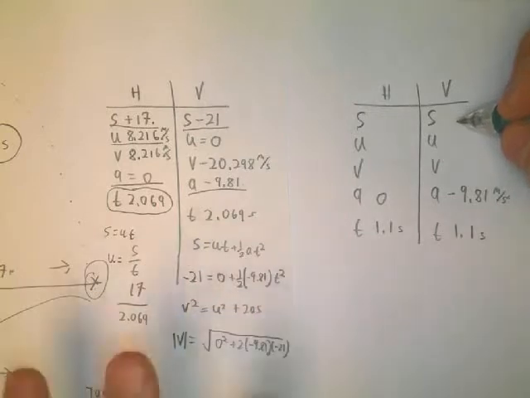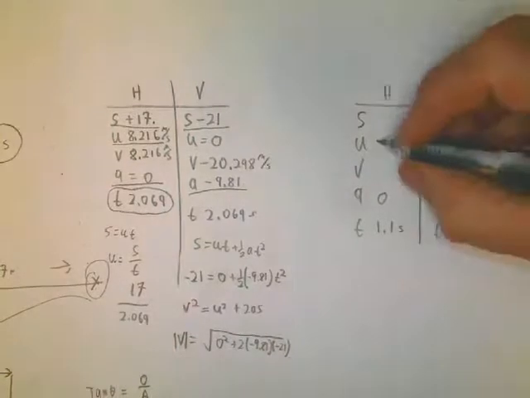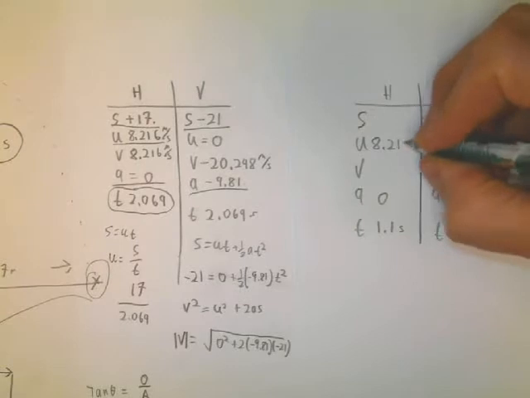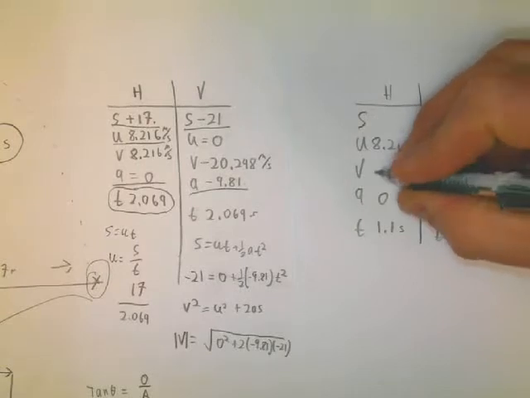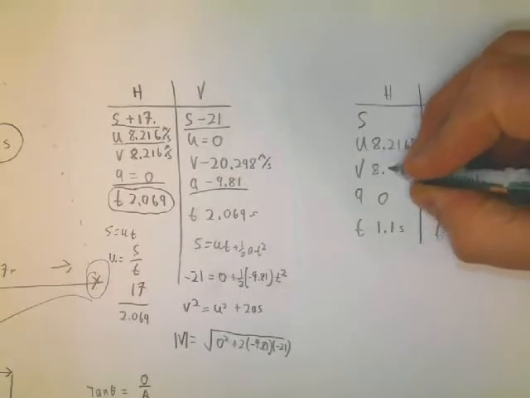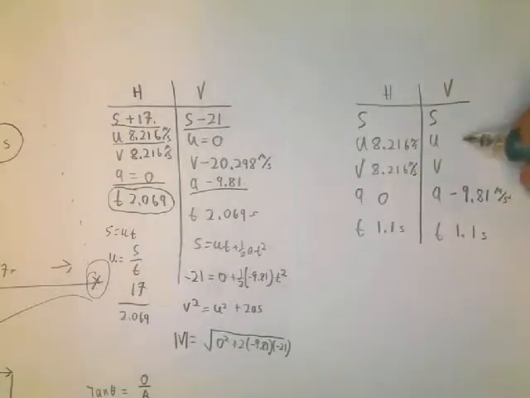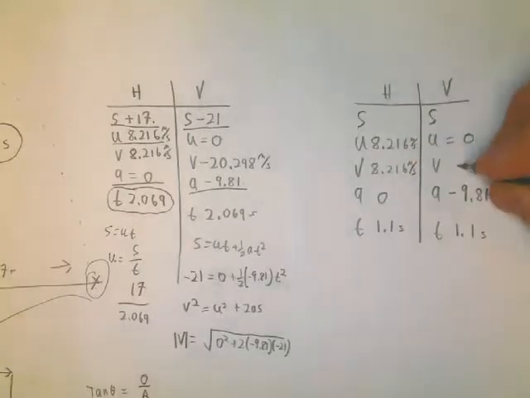We're just talking about 1.1 seconds for some reason. We do know that it's the same launch, so it's the same velocity here and the same velocity there. And we also know that the initial is still 0. And we just have to fill out what this is, and what this is, for the problem.